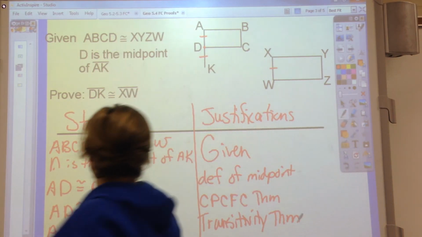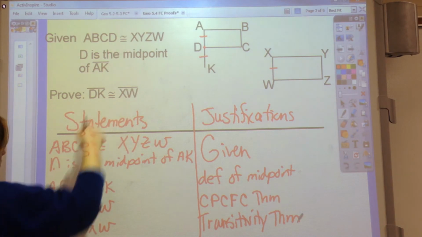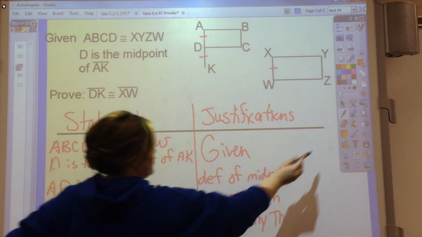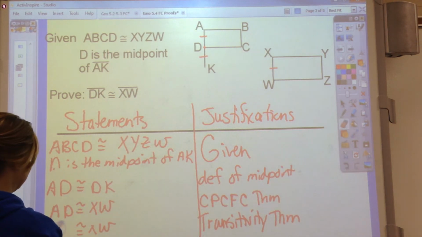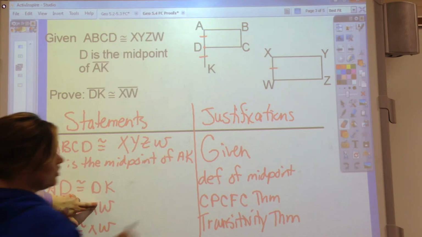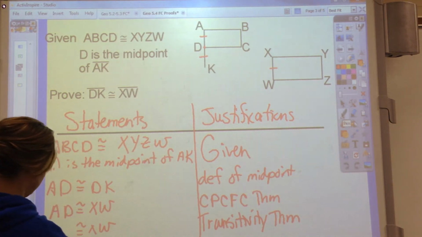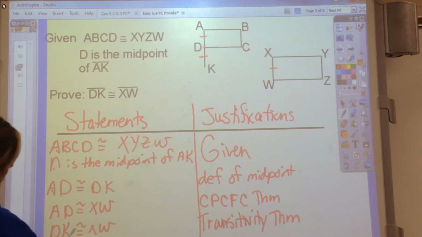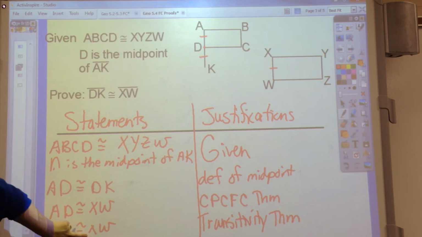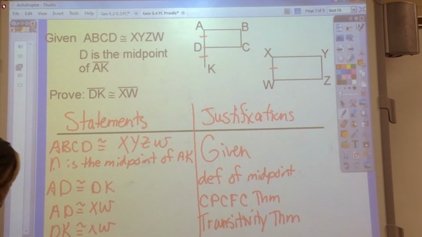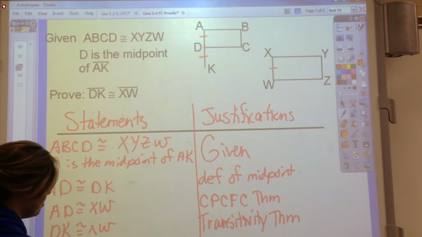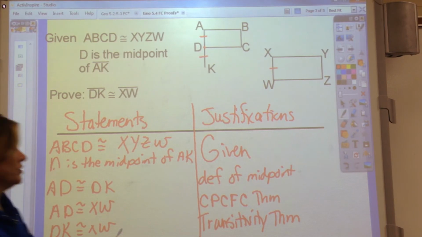If I want to go ahead and be able to write it in this form right here, oh, and I wrote the wrong thing over here. Sorry, that's not AD, is it? If AD equals both, then I know DK equals XW over here. Now, notice that these are talking about lengths. If I want to talk about the segment, what theorem do I have to use? I just said it a second ago. That's right, that's the segment congruence theorem.